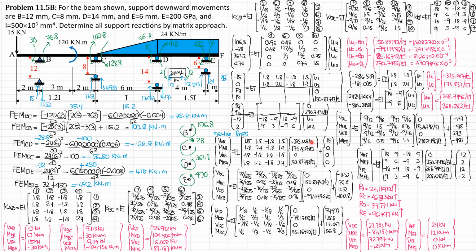Then fixed forces, positive 12, positive 2 counterclockwise, positive 12, and this is clockwise 2, so negative 2. Obtaining the product and adding the corresponding fixed forces, you'll get 24 kilonewtons for shear EF, moment EF, shear FE, which is expected 0, and moment FE 0.